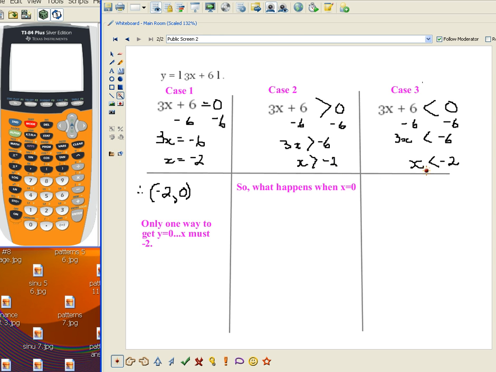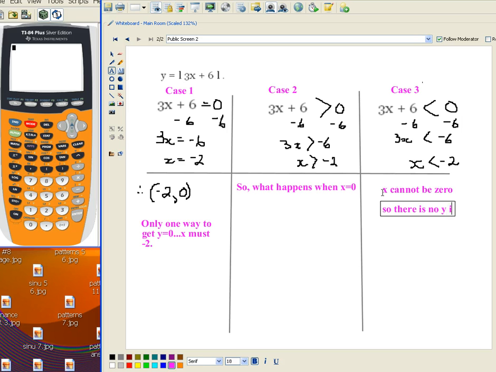This one is saying x is less than negative 2. Well, guess what? x cannot be 0 here. So there is no y-intercept in this case.